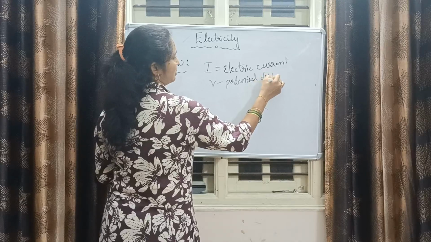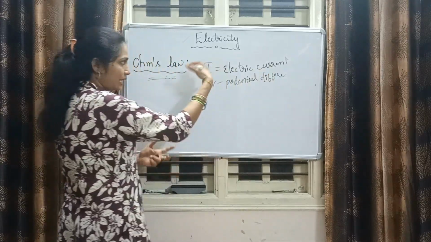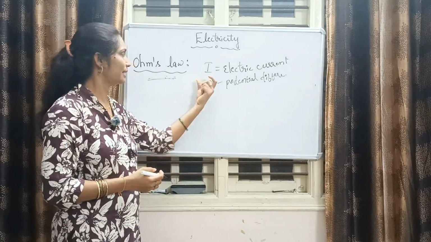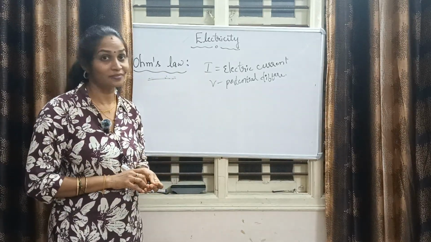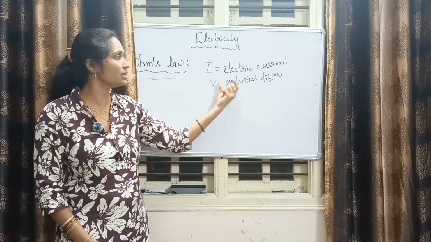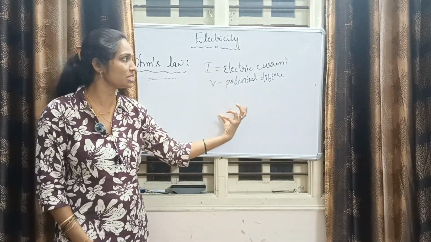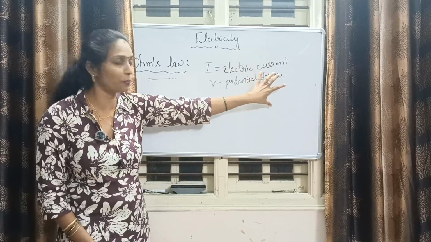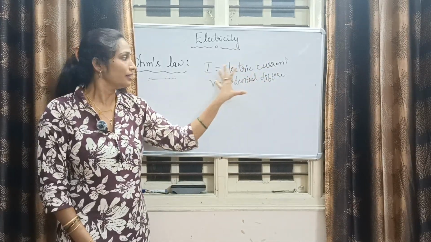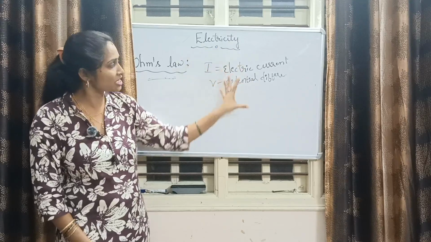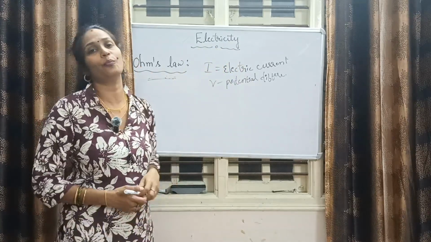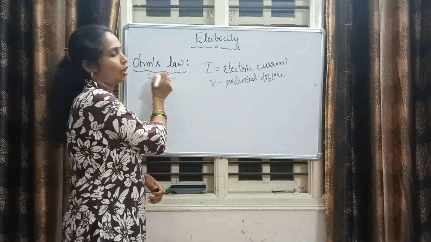The relationship between this V and I is nothing but Ohm's law, guys. There is a relationship between electric current and the potential difference, and where a relationship is there between V and I, that obeys Ohm's law.